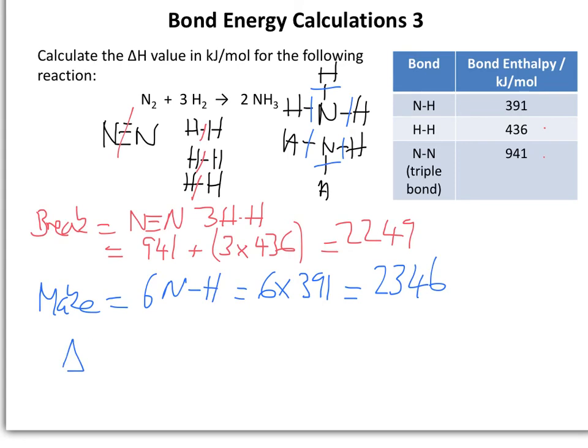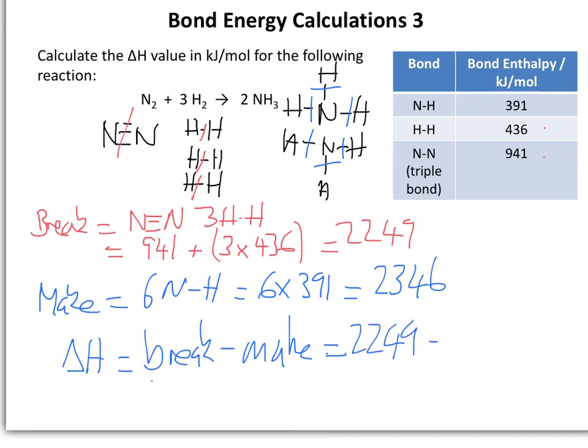And so delta H, break up always comes first, break minus make, so that's 2249 minus 2346, and type that into the calculator. That's minus 97 kilojoules per mole.